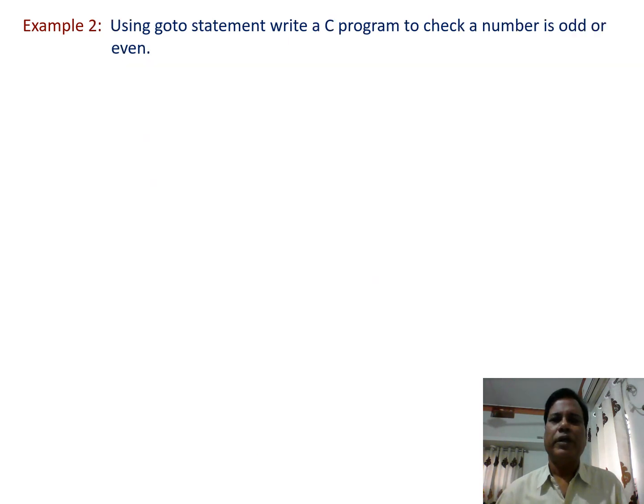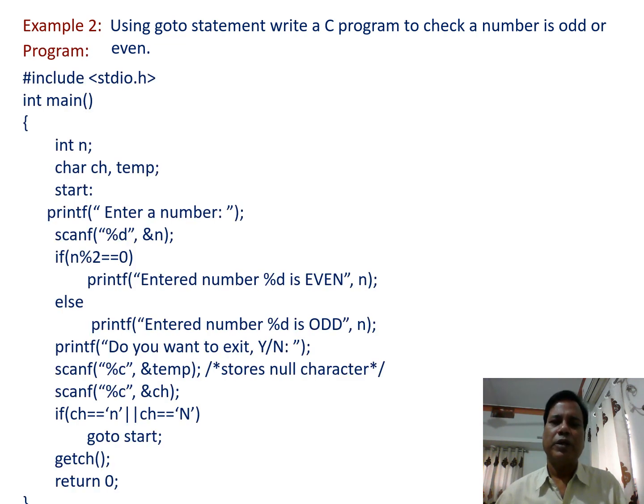Now let us take another example. In this example, using the goto statement, we have to write a program to check whether a number is odd or even. So a program can be written like this one. In this program, within the open and close braces, the first and second statements declare the variables.